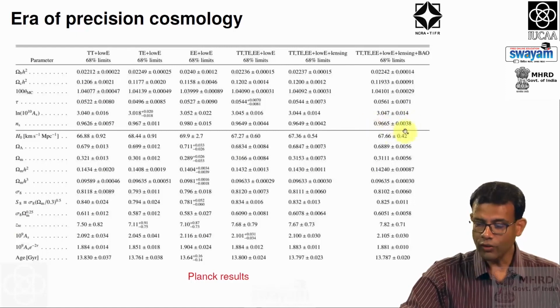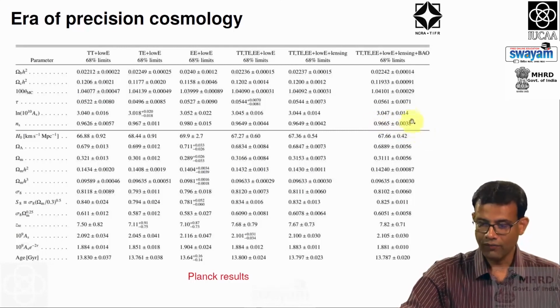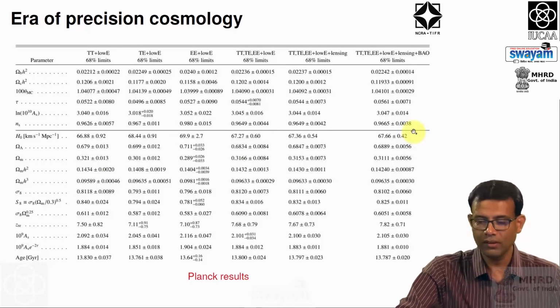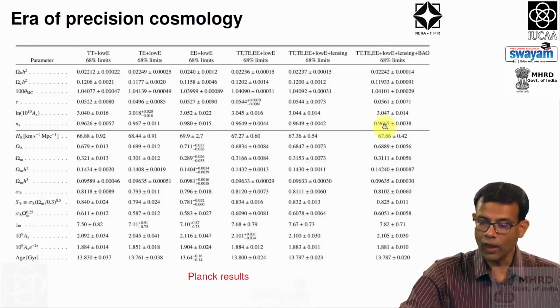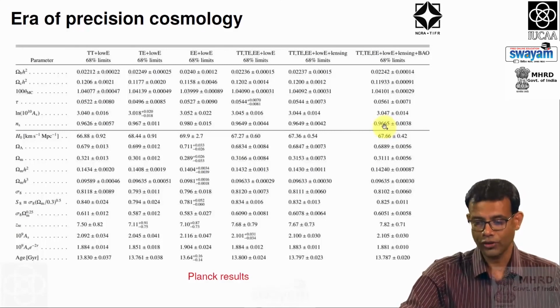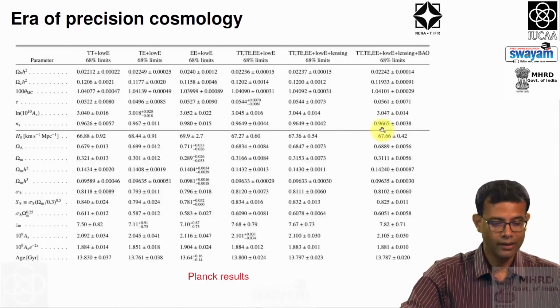So, if you work it out, you can see that it is not 1, it is actually less than 1, even within error bars. Okay. So, even if I magnify the error bars by 3 or so, which we call the 3 sigma limits, it is not going to hit 1.